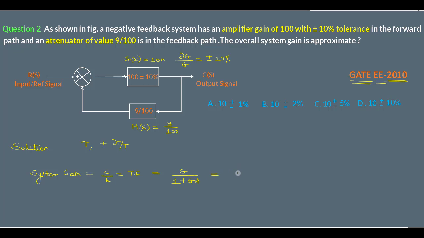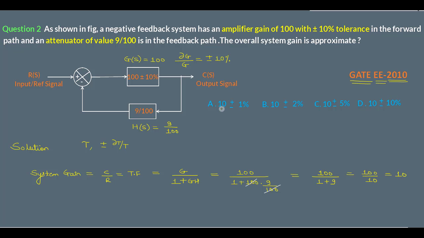The value of forward gain G is 100, upon 1 plus 100 times H, where the value of H is 9 by 100. So you can cancel this 100 and this 100. So we get 100 upon 1 plus 9, which is 100 by 10, which is nothing but 10. So the value of transfer function or system gain is 10.